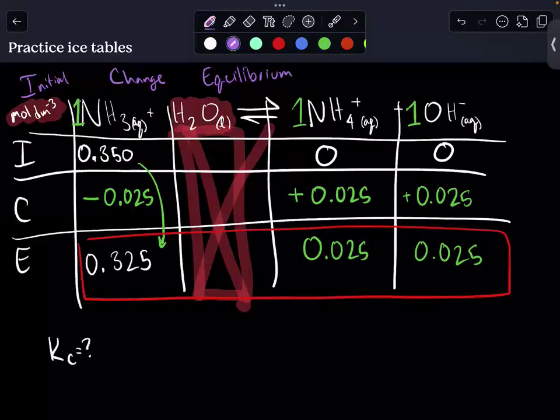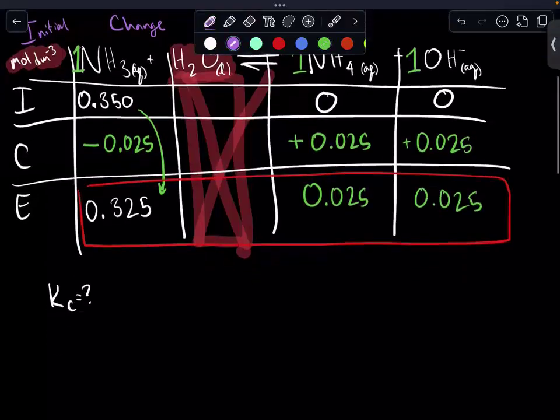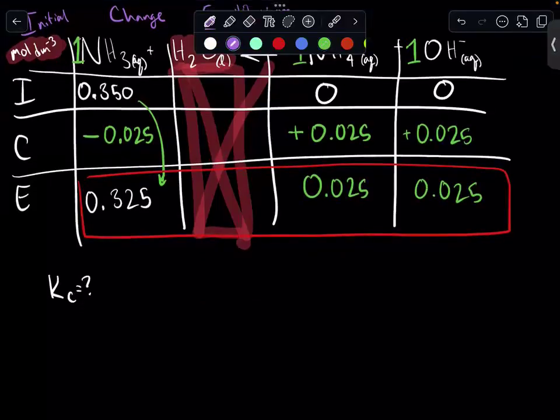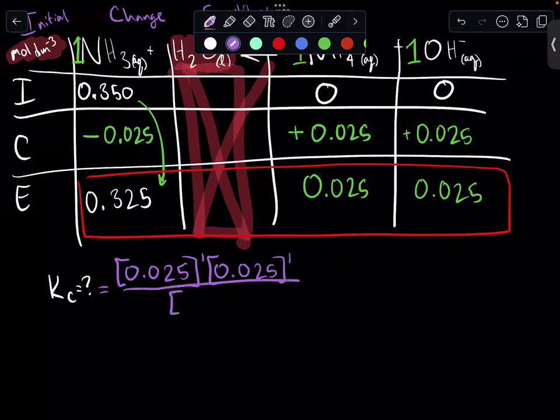And I know that I can find the equation for our equilibrium constant by just setting the concentration of my products, each raised to the power of its coefficient, 0.025 times 0.025, divided by the concentration of our reactant, 0.325, raised to the power of 1.